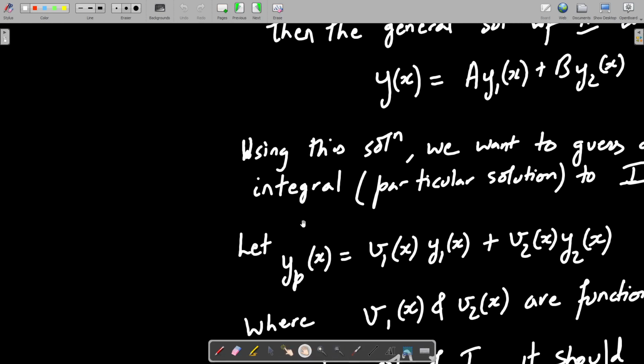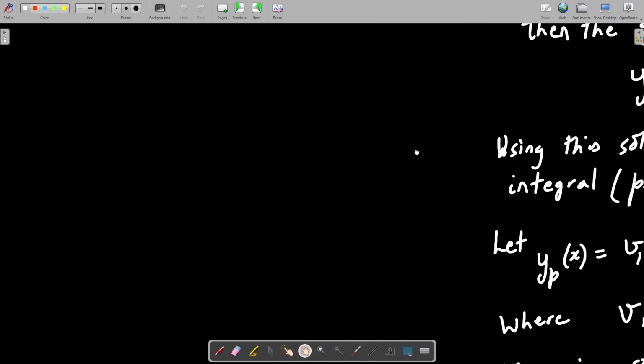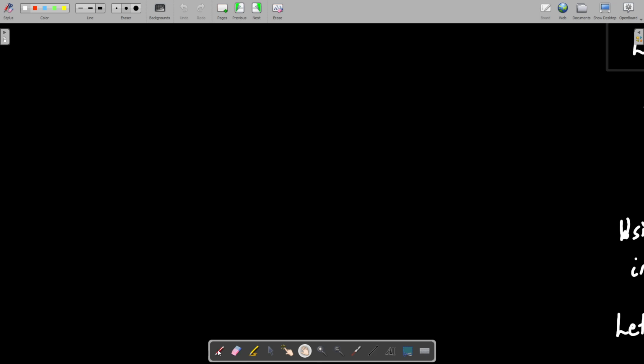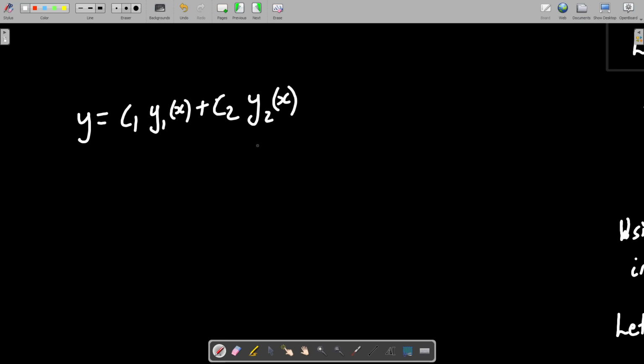Some books give you a clear-cut idea of why this name is there by considering the solution of the homogeneous equation to be C1 y1 of x plus C2 y2 of x, where C1 and C2 are constants.